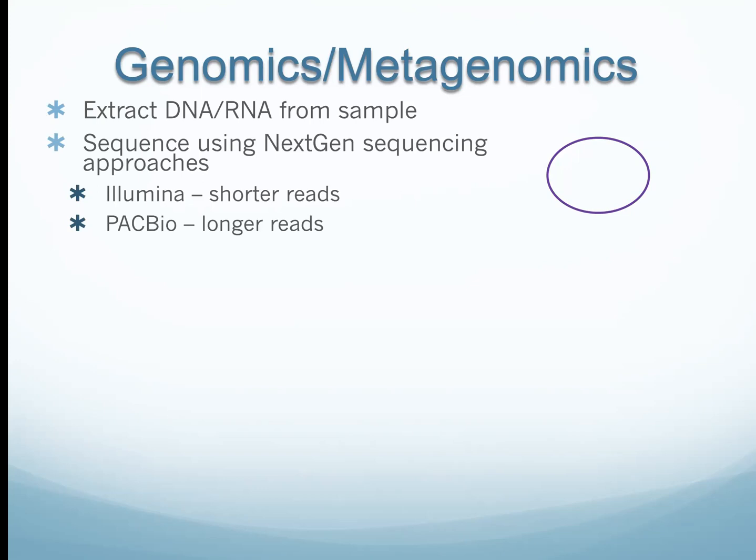Now, there are a number of next generation approaches. And in fact, the Chivian paper used a method that is no longer used because it's a little more error prone. But that's okay. It's still reasonable data. But these days, Illumina, which is a company based out of San Diego, you may have seen it if you drove down I-5. It's right off the freeway there. So Illumina has, at least for now, won the sequencing battles.